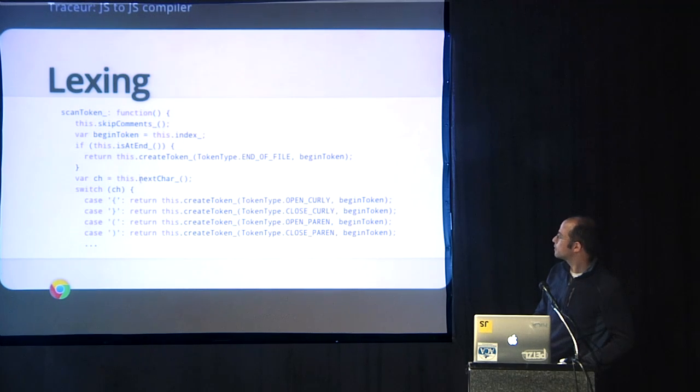Otherwise, we grab the next character, we look at it. If it's an open curly, we create a token which is an open curly, and we note the beginning of the token. And so the create token does pretty much what you'd expect. It creates a new object, which is a token. It stashes the token type in it, and it stashes the location.